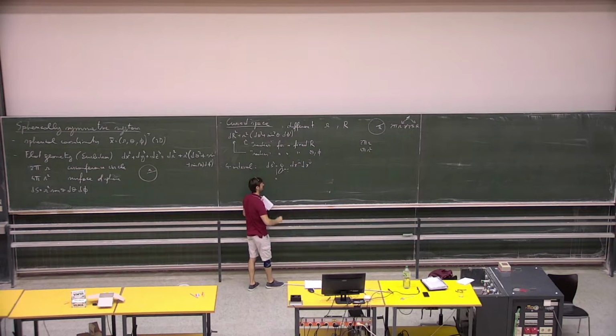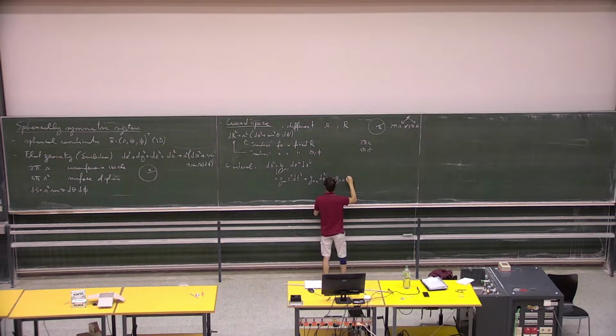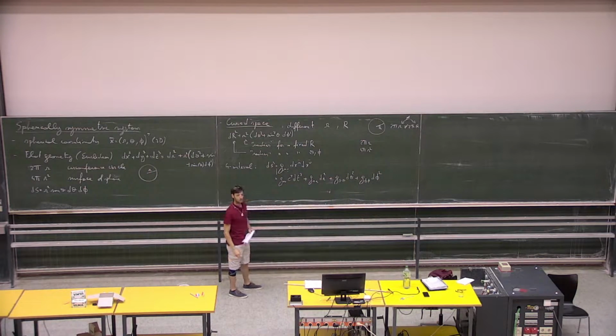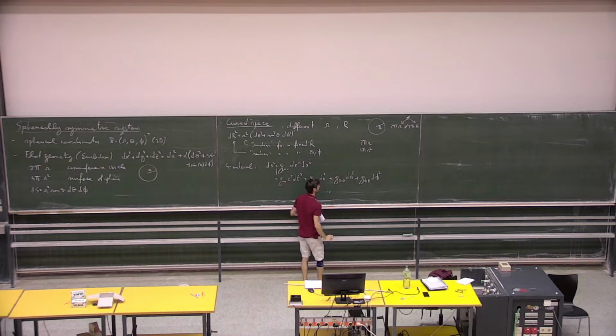It implies a sum over all the different directions, for the different coordinates. So we have g 0 0 c squared dt squared plus g r r dr squared plus g theta theta d theta squared plus g phi phi d phi squared, which are all diagonal terms for time, radius, the angle, and the other angle.